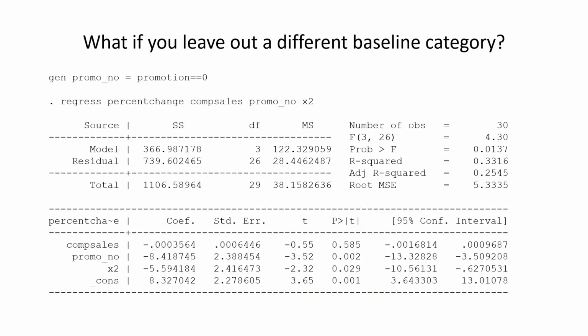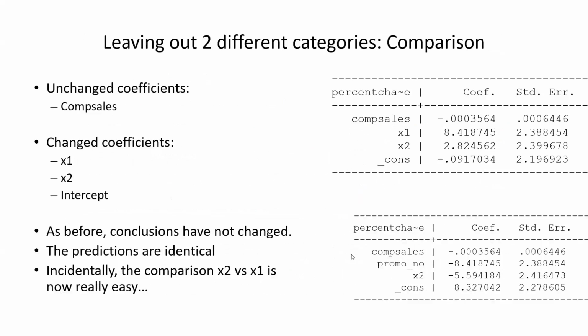Okay, things change around a little bit. And on the next slide, we have a comparison where here we have indicators of promotion 1 and 2, and here we have indicators of no promotion and promotion 2. What is the same and what's different? Let's first look at the other unaffected variable, comp sales. Comp sales is the same here and here, not affected.